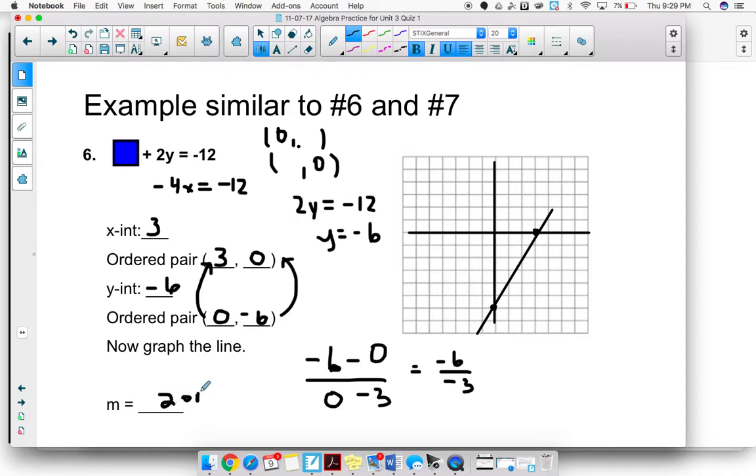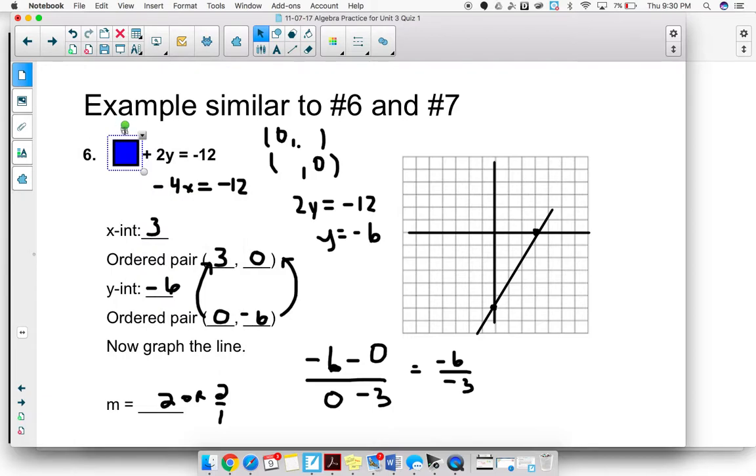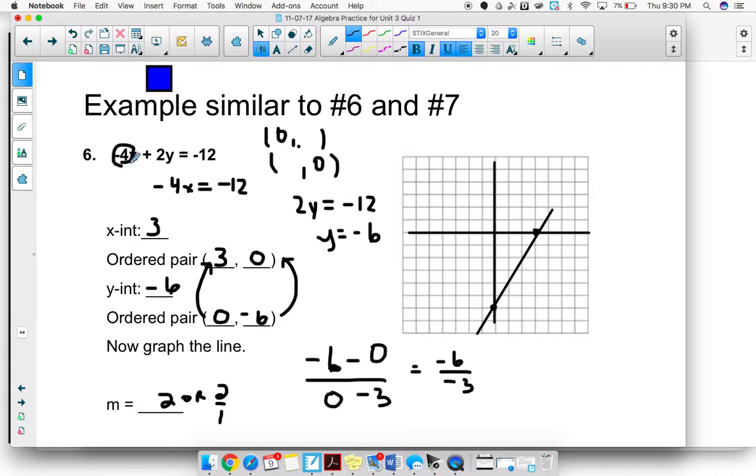Or you could even say that's the same as 2 over 1. I don't know if you recall the shortcut from class. The shortcut from class said take the numbers in front of the x and y, write those as a ratio, and the slope is indeed just the opposite sign.